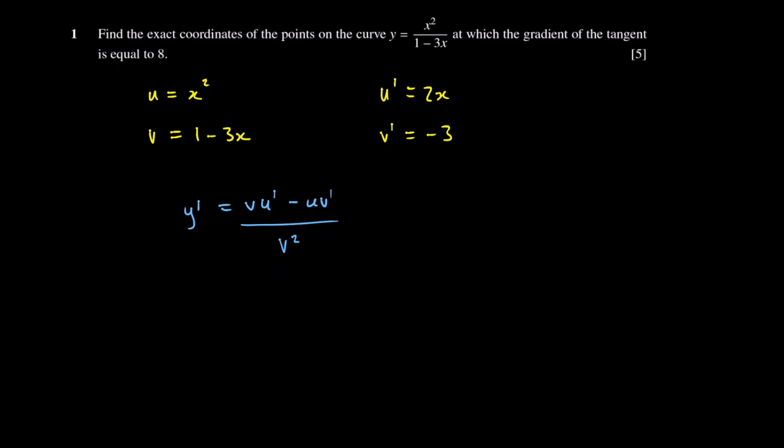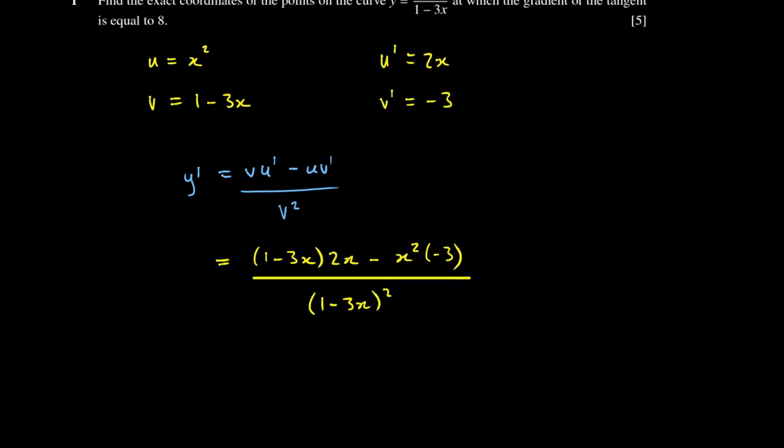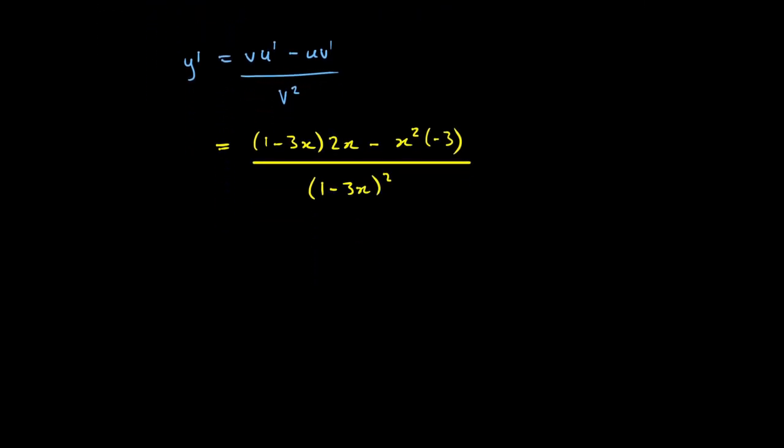Now, what I'm going to do is I'm going to substitute everything in. So v is 1 minus 3x, u prime is 2x, u is x squared, v prime is negative 3, and this is all divided through by v squared, so it's going to be 1 minus 3x all squared. I think it's probably a good idea just to simplify this expression.